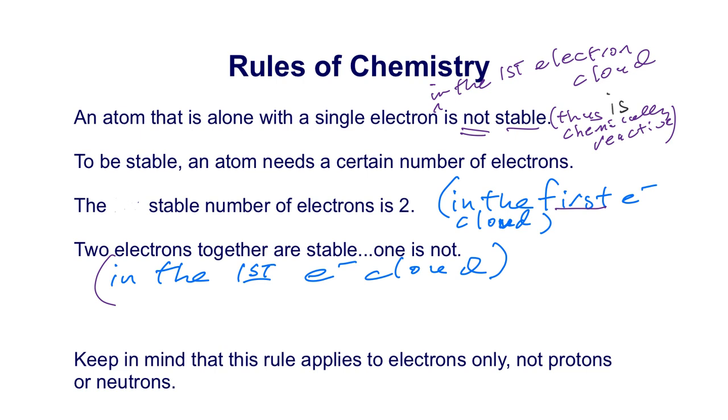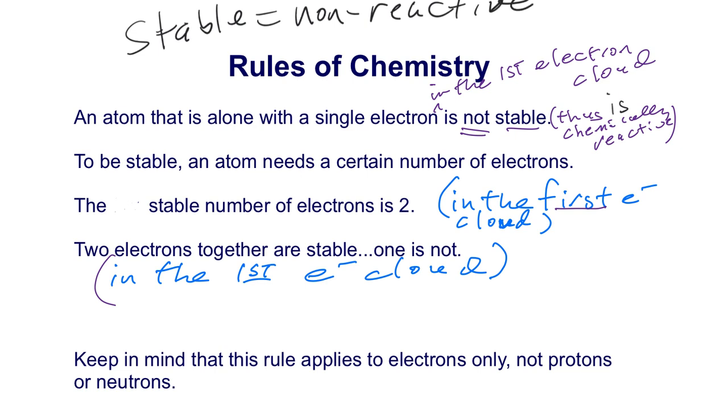First of all, the reason they react is to become more stable. Stable means non-reactive. So an element that is not stable chemically is looking for another element to react with so that it can become more stable.